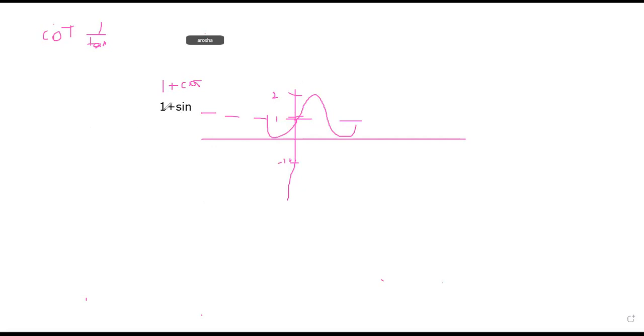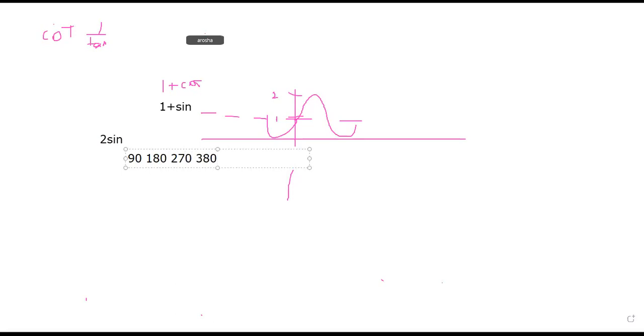And they will tell you to draw 2 sine theta. What does this mean? This means the coordinates are 90, 180, 270, right? and 360.